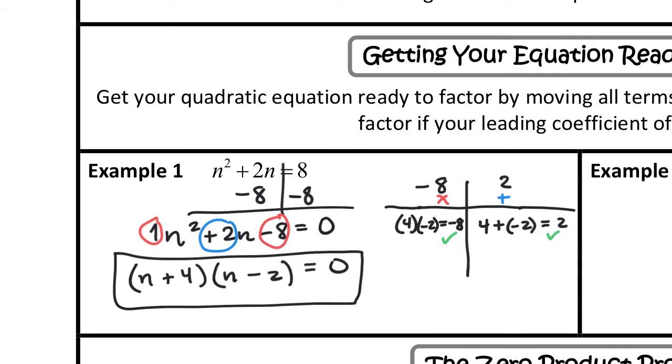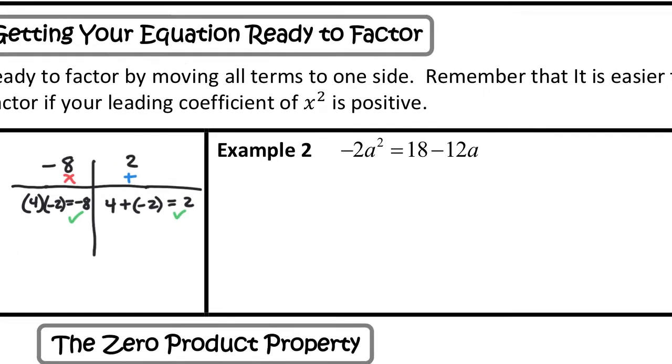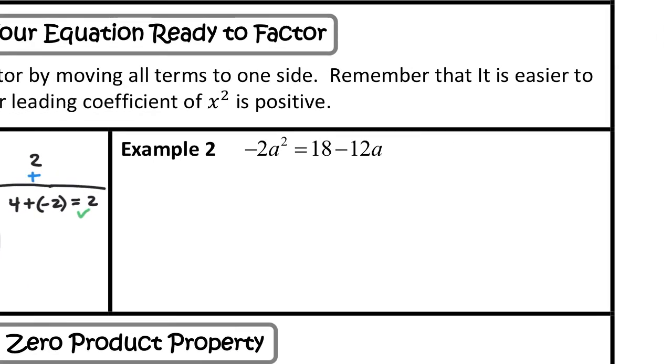Okay, so the next part, example 2, I'm going to slide over. Sliding over to example 2. Again, we want to move everything to one side. I already have 2 terms on the right here, and I have 1 term on the left. So it seems easier to move this one to the right. So let's do that.